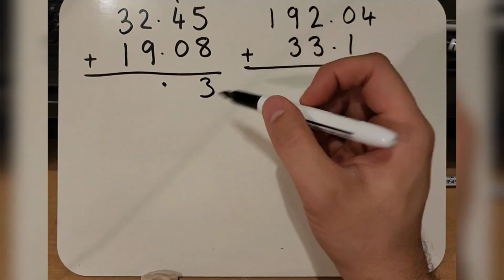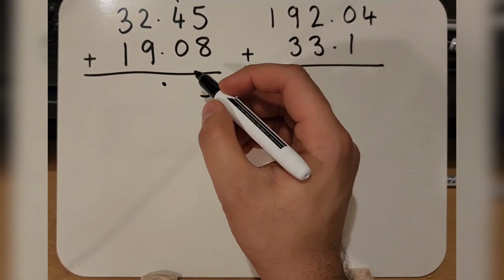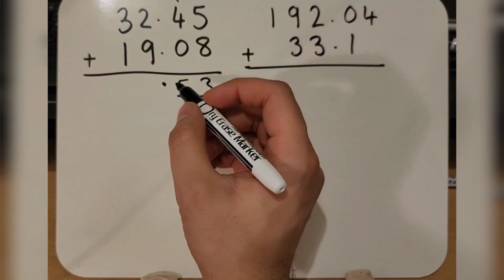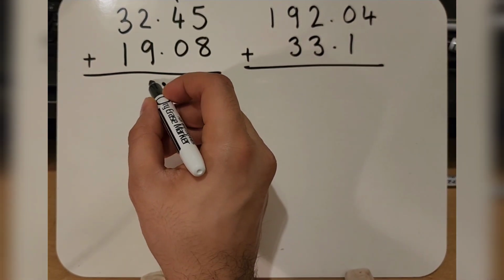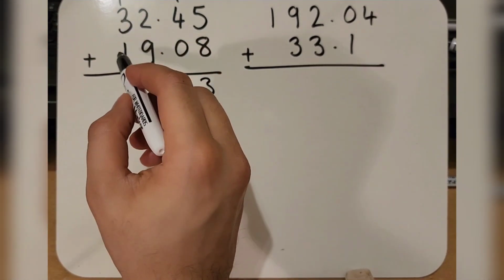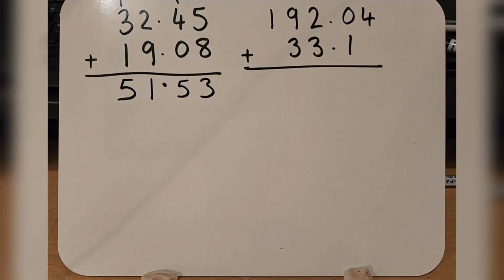And then 4 and 5, there's a 0 here, so we don't add anything. This is going to be 5. 9 and 2 is 11. 1, 1 and 3 is going to be 5. 51.53.